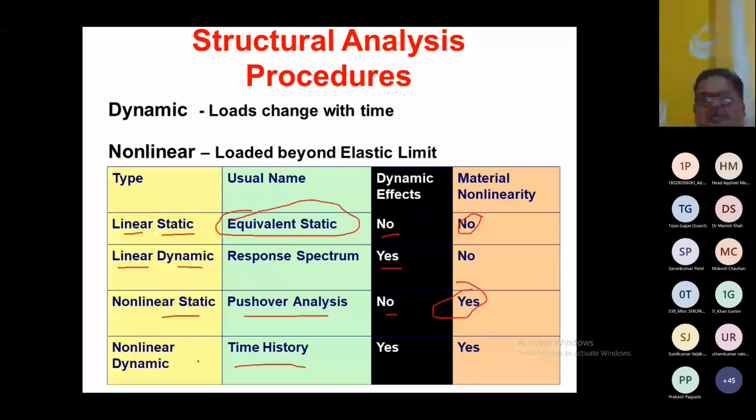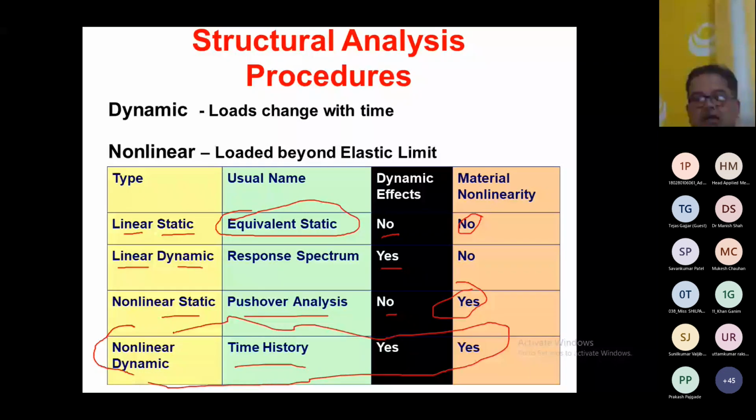Both the things we are considering, and therefore this analysis is considered to be the best among all the analyses, right? But a lot of mathematics is involved in nonlinear dynamic analysis. Now just imagine you are talking about a structure with more than 3000 degrees of freedom.